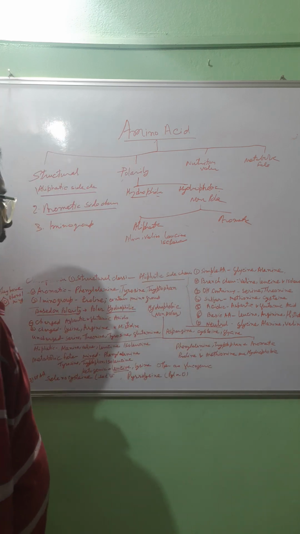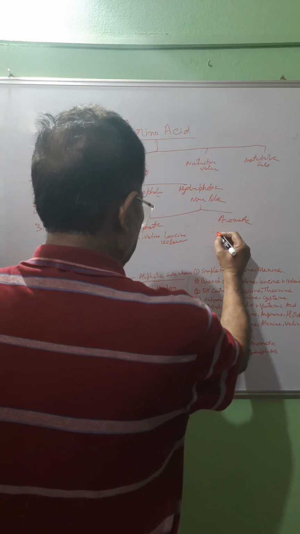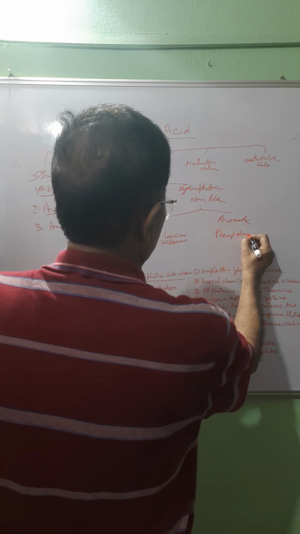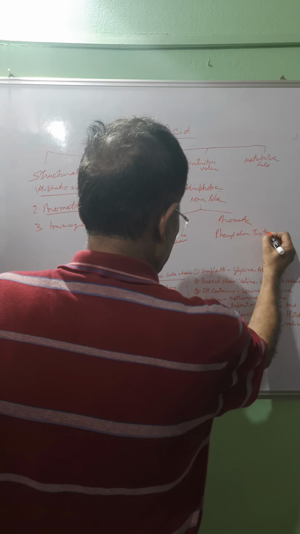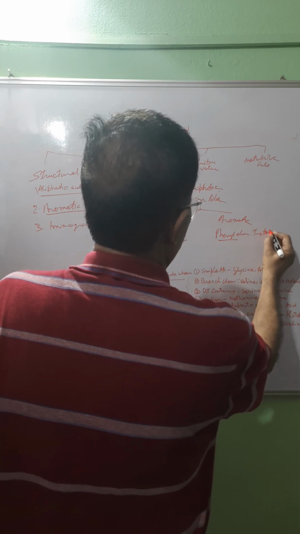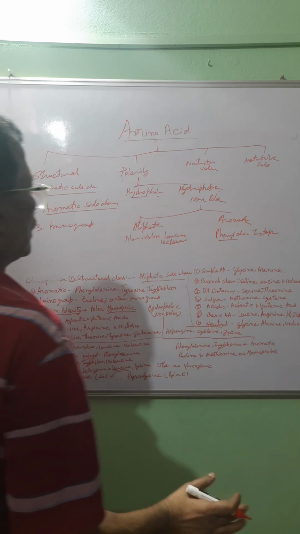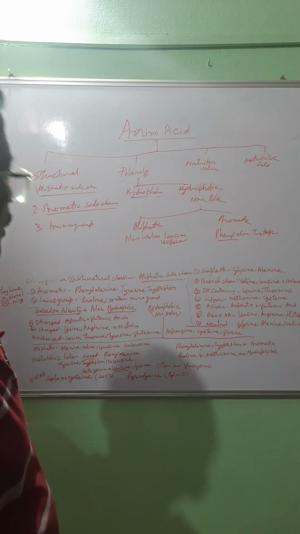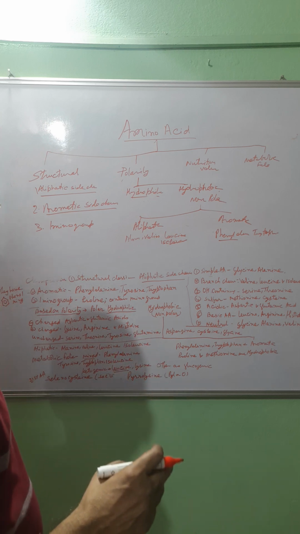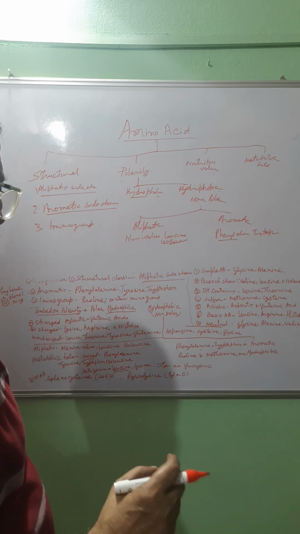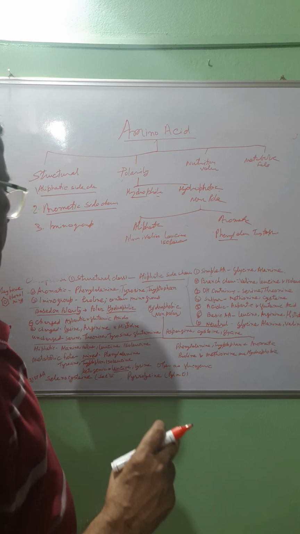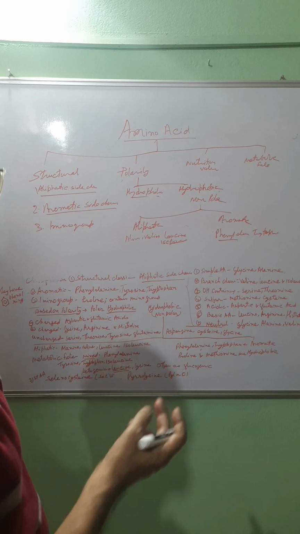And second is aromatic. In aromatic, we have phenylalanine and tryptophan. In aliphatic there are four: alanine, valine, leucine and isoleucine. In aromatic there are only two, phenylalanine and tryptophan.